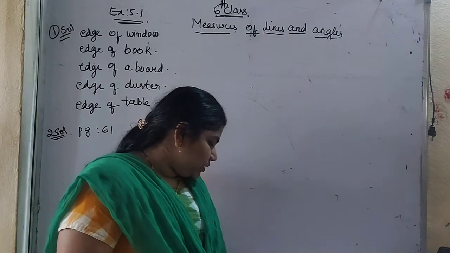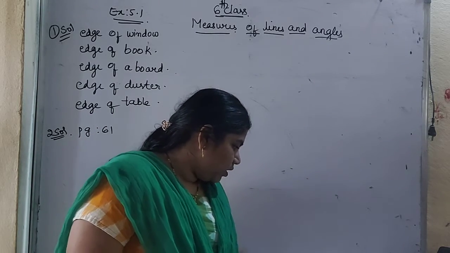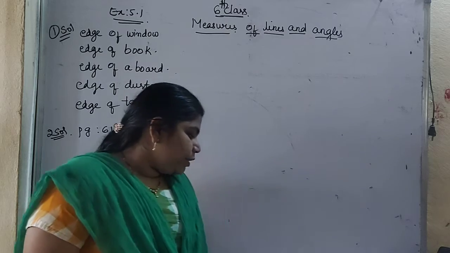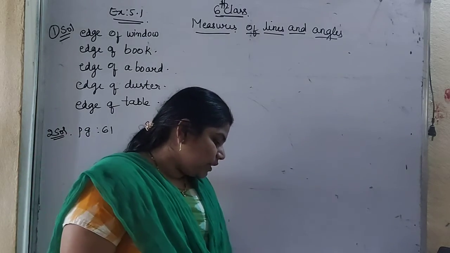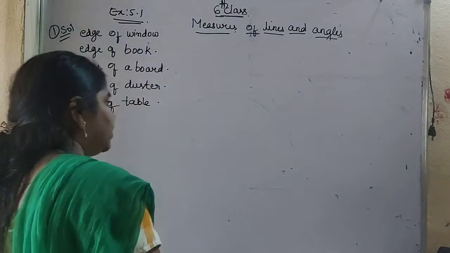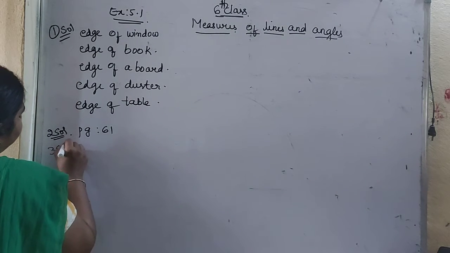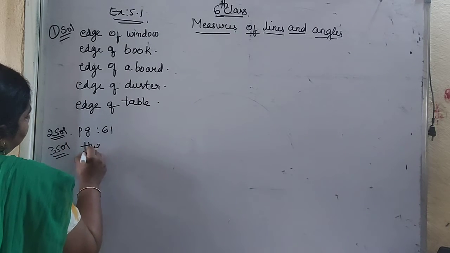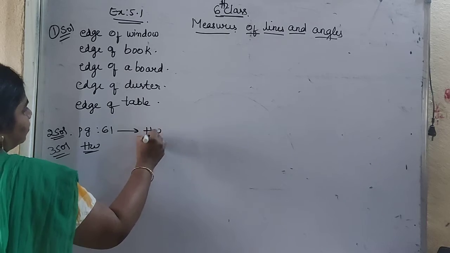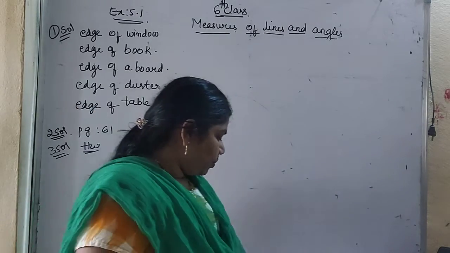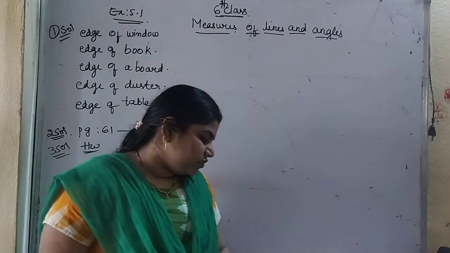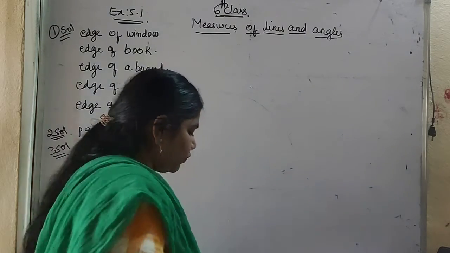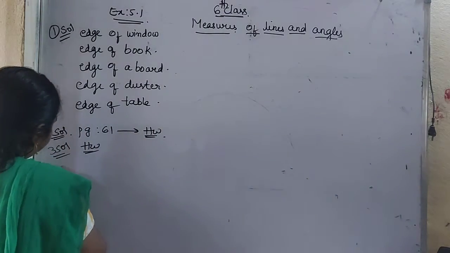Okay, so next is fourth one. Midpoint of AB is located by Sweta and Reshma like this. So here third one is also homework for you. Second one is also homework. Okay, so midpoint of AB is located by Sweta and Reshma like this. So Sweta has located in this order.